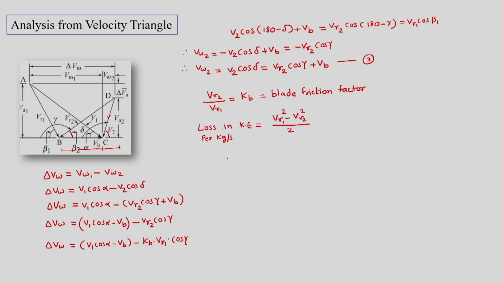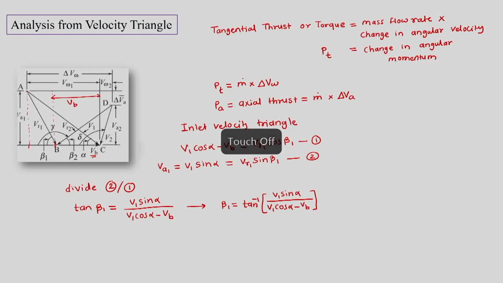We can write this further, since VR1 can be found out from equation number 1, which says VR1 is equal to V1 cos alpha minus VB divided by cos of beta 1.